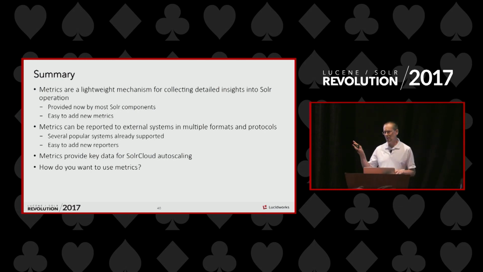There are already some Jira issues for adding new metrics to some components. These metrics can be accessed directly using the admin metrics handler, but they can also be pushed out to external systems or to files. Several popular systems are already supported, and it's very easy to add new types of reporters. Metrics also provide key data for the operation of Solr Cloud autoscaling.